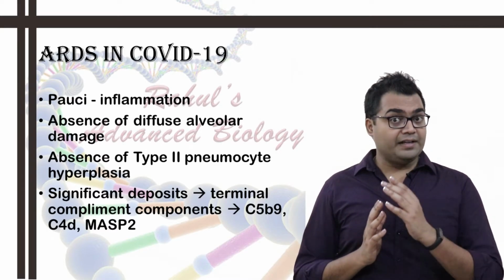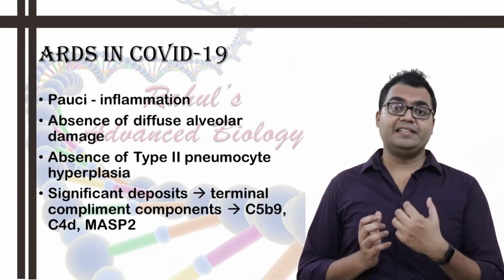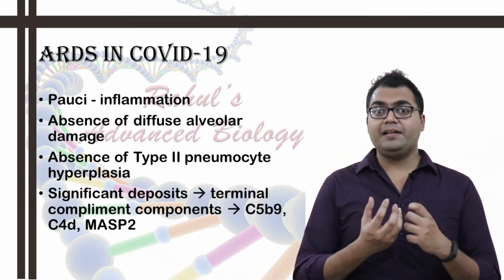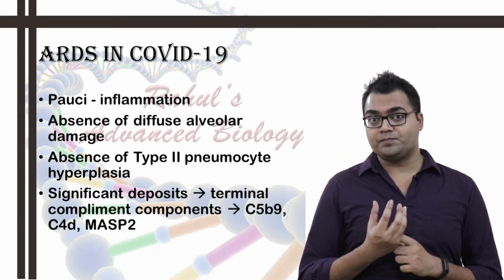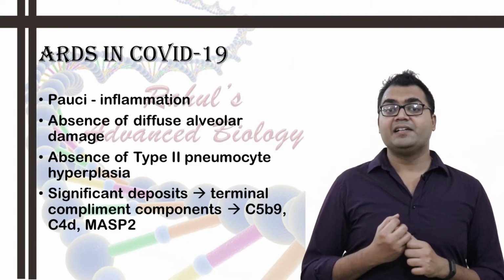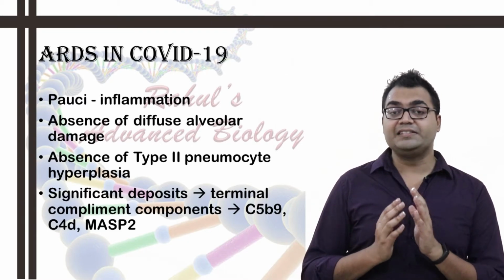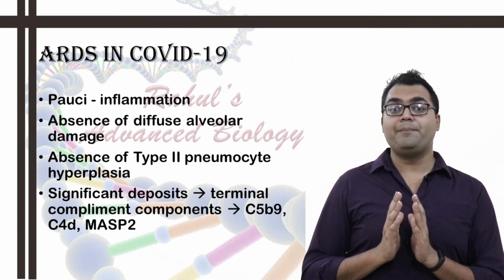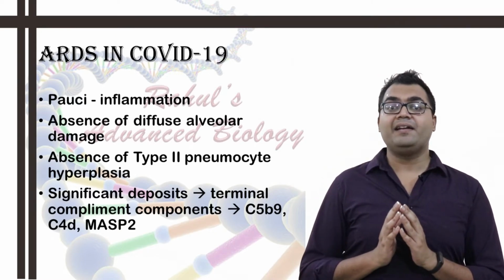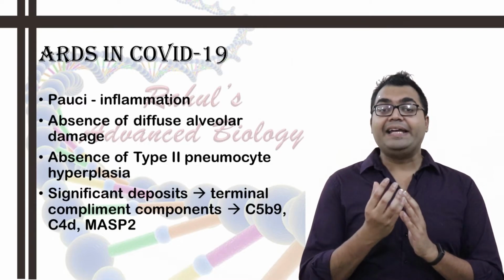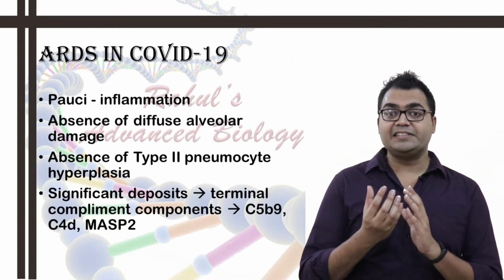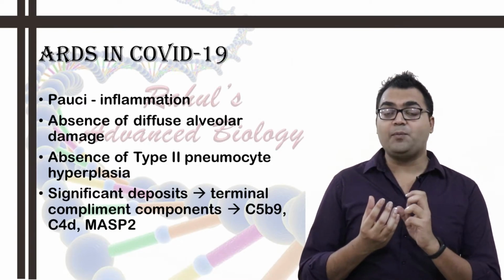And an interesting thing, which has intrigued me a lot, is that complement pathway terminal products like C5b9, which is the membrane attack complex, C4d, and MASP2, which is the mannose binding lectin associated serine protease 2. Lectins are the carbohydrate binding proteins.